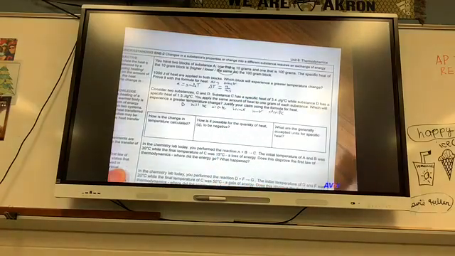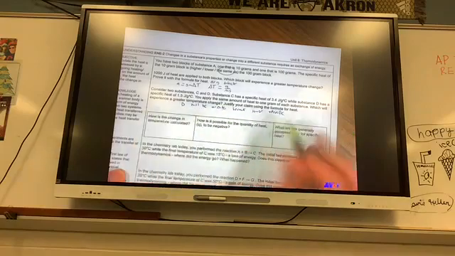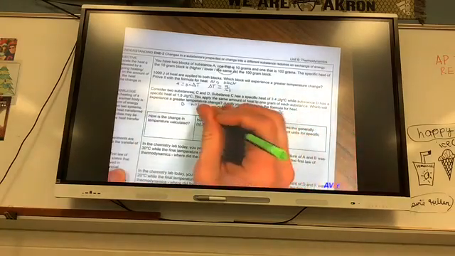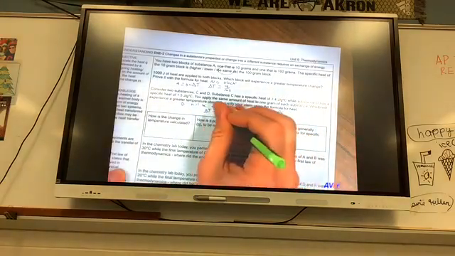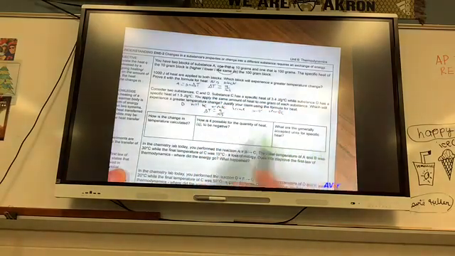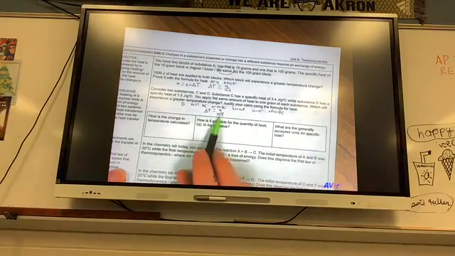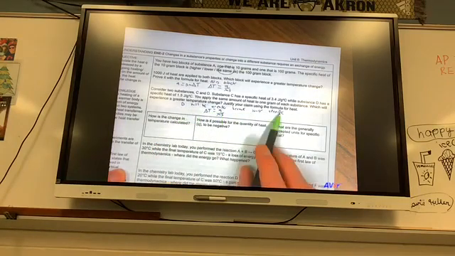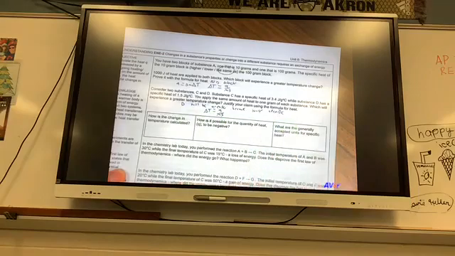So if I'm solving for a greater temperature change, once again, delta T equals Q over MC. So the smaller the specific heat, the larger the change in temperature is going to be.